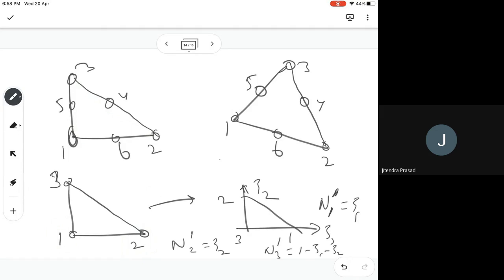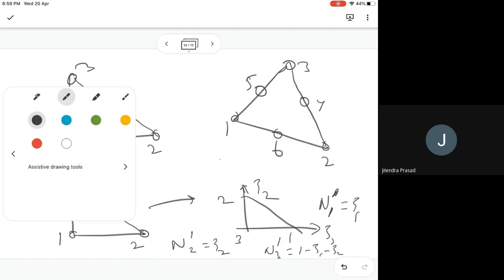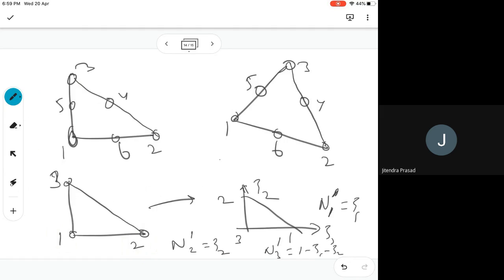minus xi2. Yeah, so from this one we can now write x in general as a function of xi1 and xi2 is equal to summation of I equal to 1 to 3 of N dash I times xi.